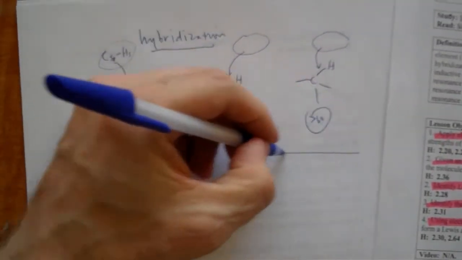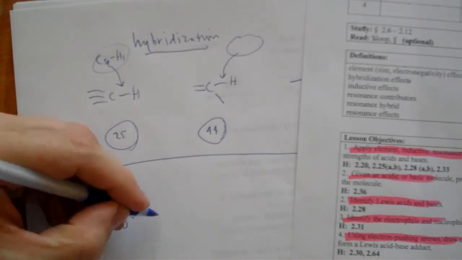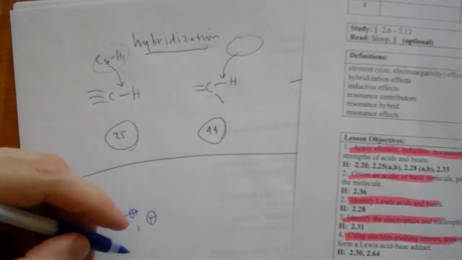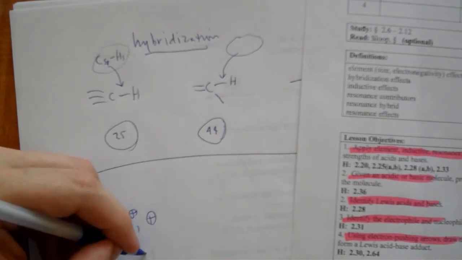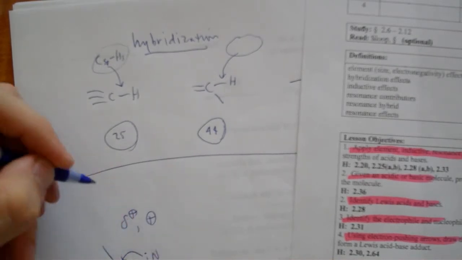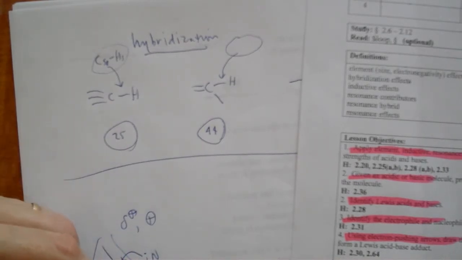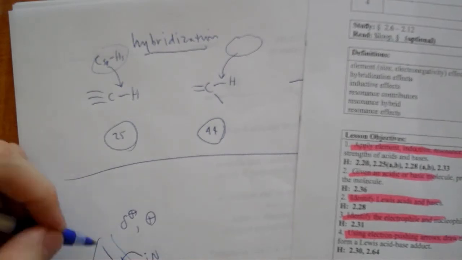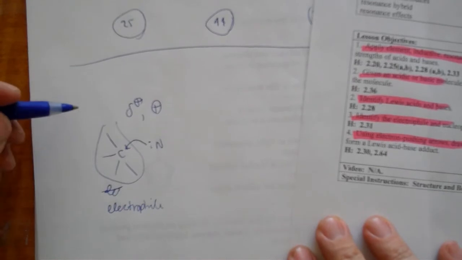An electrophile is something that has a partial positive on it, or positive. It's a nucleus that can be attacked by electrons. Boom. That's an electrophile. I sort of implied this was sp3 hybridized.